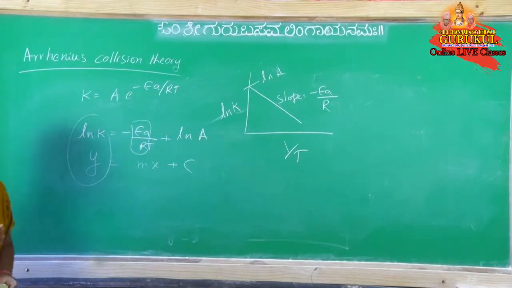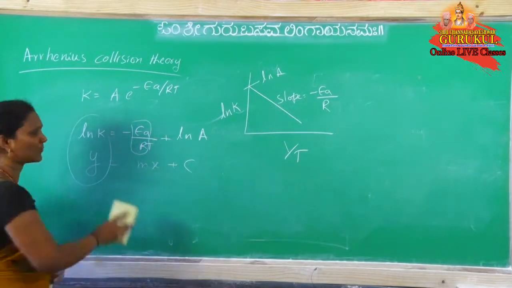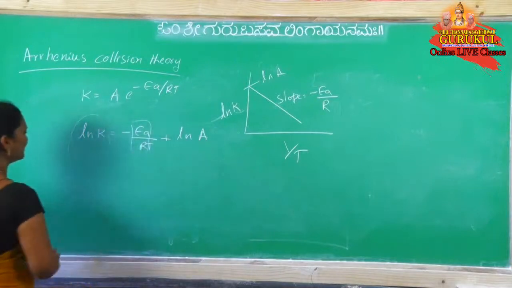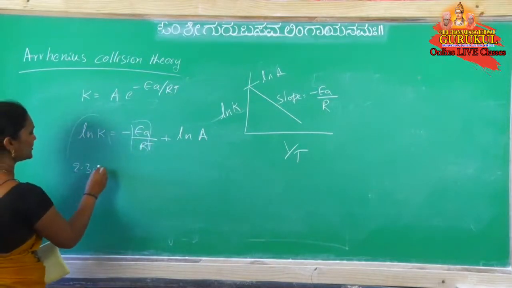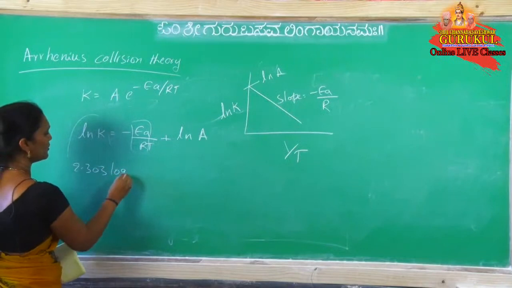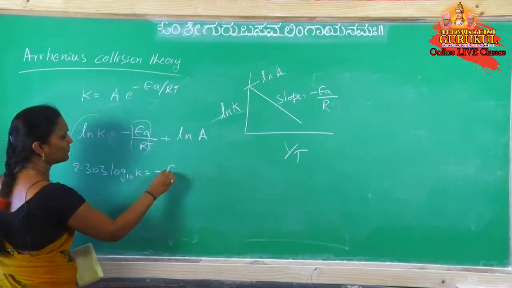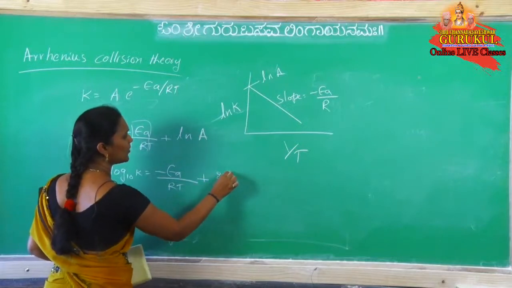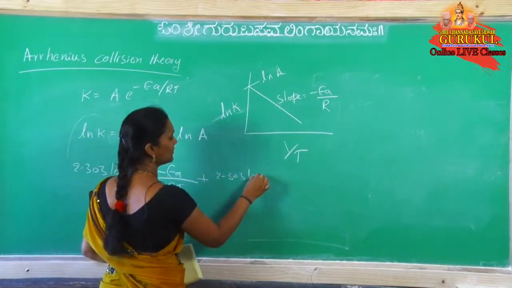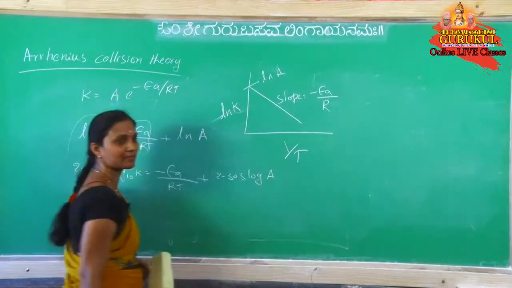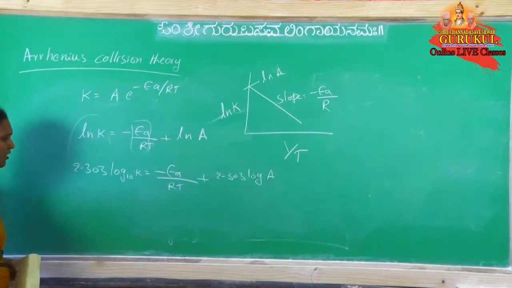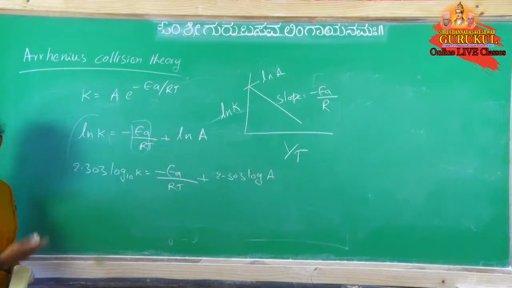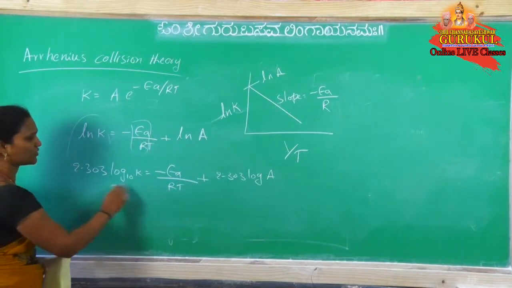Now convert this into log base 10. What is the formula? 2.303 log 10 K is equal to minus Ea by RT plus 2.303 log A. Now can we divide the whole equation by 2.303?